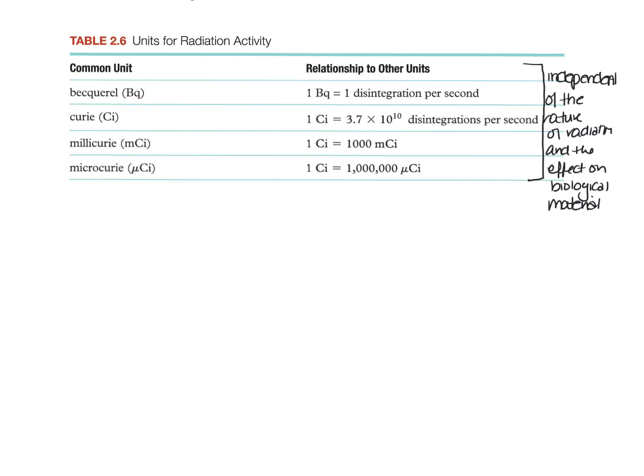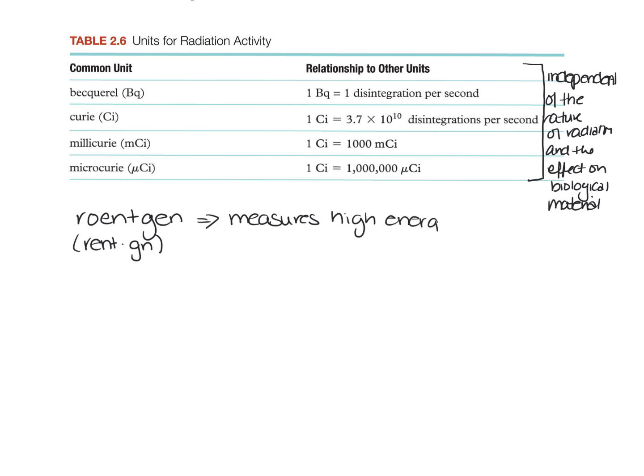So another unit that's used is a Röntgen, and it's pronounced like rent and then gen, right, just like that. And this measures high energy ionizing radiation.